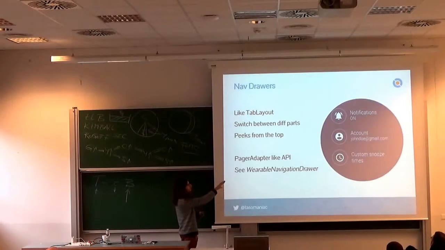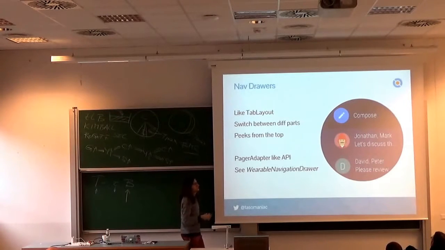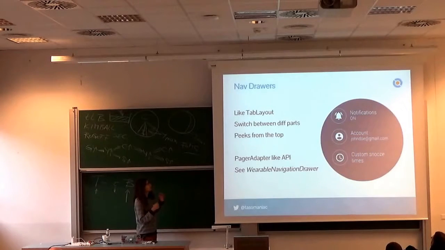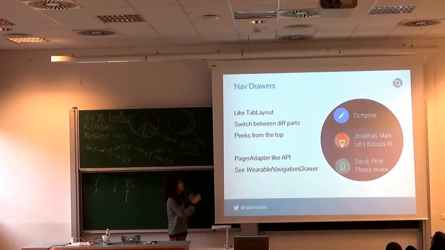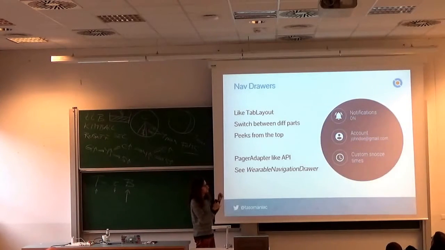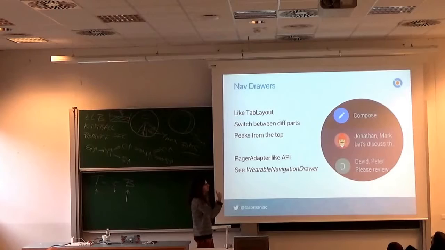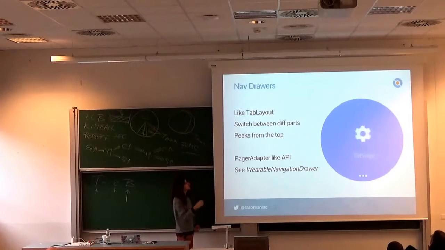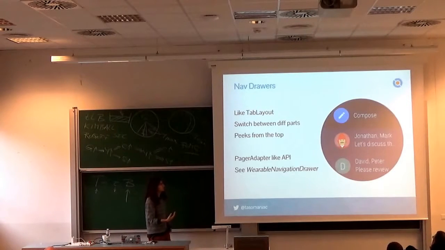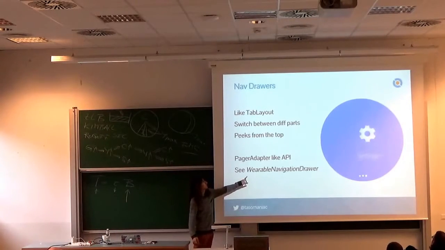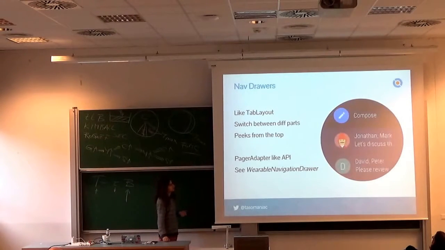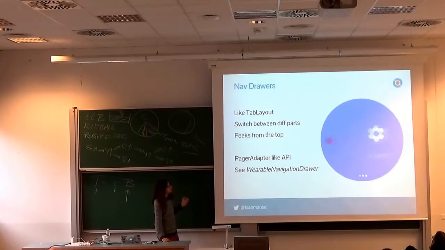You have the content, and you provide different fragments or whatever to the adapter, and you provide the title and icon of every page you have, and it displays them automatically with the gestures and everything. So it peeks from the top. You can pull it from the top, and it is called the wearable navigation drawer. For more information, it's really similar to what we have for phones.